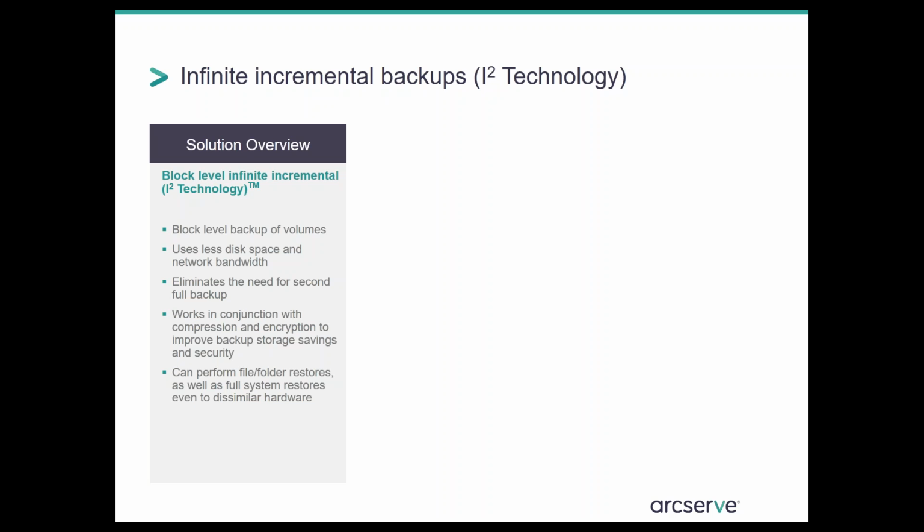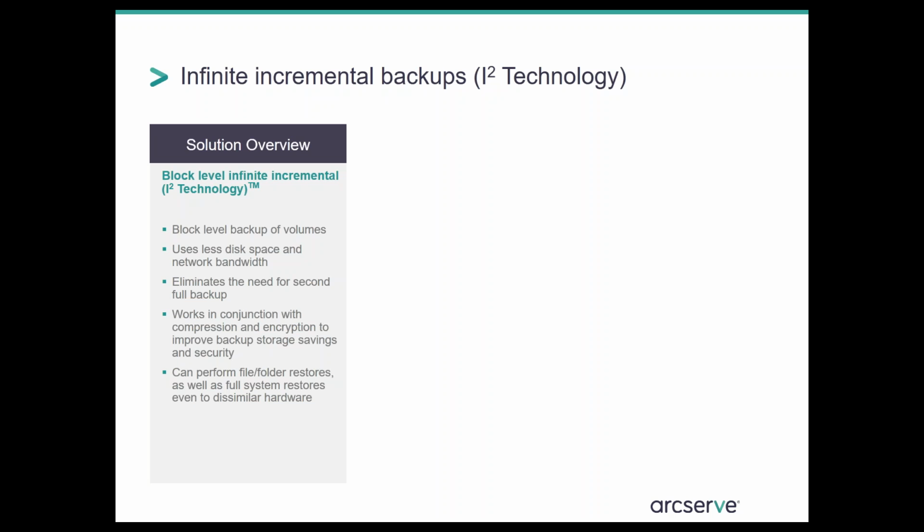This differs from a traditional file-based backup in that a block-level backup goes below the file system to the disk. So if we are protecting, for example, large files that might be multiple gigabytes in size, in a file-level backup, if any part of that multi-gigabyte file changes, then the entire file has changed. Therefore, that entire multiple gig file needs to be backed up again.